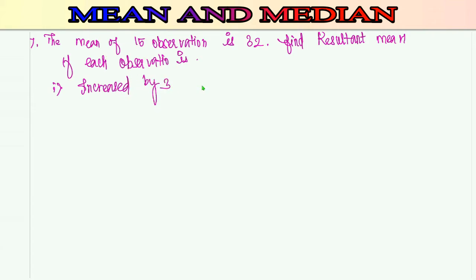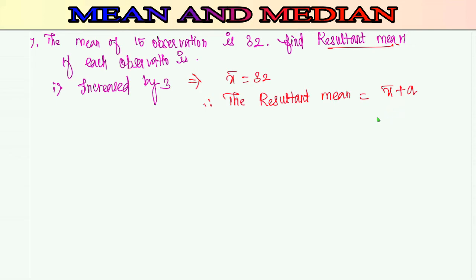According to the given condition, for 15 observations the mean x bar is equal to 32. Therefore, the resultant mean is x bar plus the quantity by which we have increased, which you add directly to the mean. So the mean we have is 32 plus the increase of 3. So the required mean is 35.